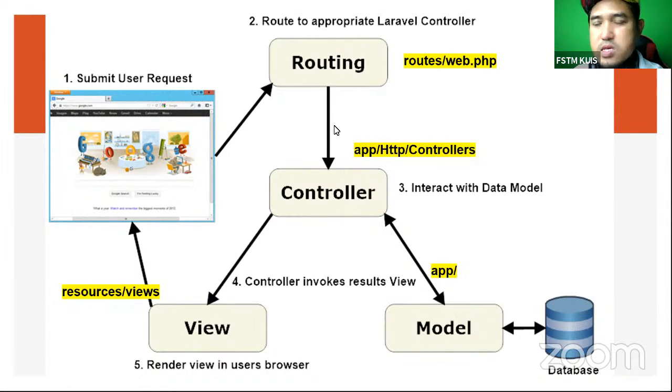We call it MVC design pattern. Again, this is not what we call a new programming language. It's not based on PHP. No. There are a lot of MVC frameworks available outside. For Java, we have Spring framework. For Microsoft, we have the MVC, what we call the .NET framework.